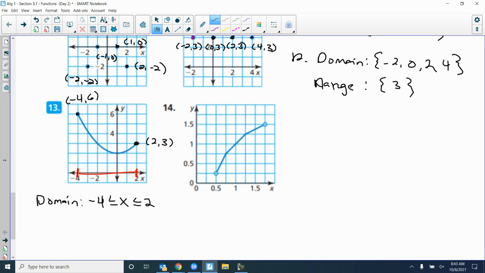My range is the y values. Go to your smallest, lowest y value. All right, maybe not as obvious. What do you think? Look up there. Where's that lowest y value, or what is the lowest y value? Addie Barrios, what do you think?